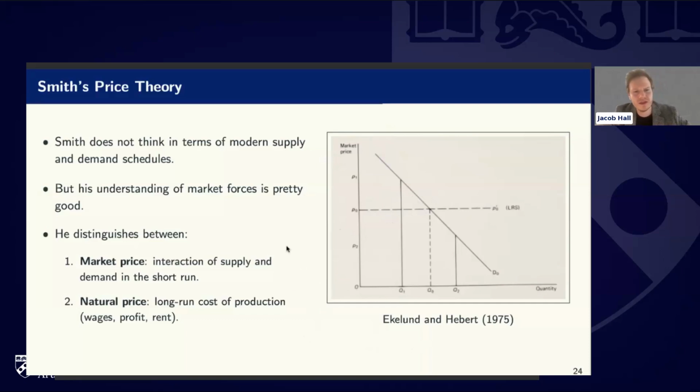So again, not really thinking in terms of these modern schedules, but you get the sense by reading Smith that he can work out these market forces. So if there's a famine or something, and there's less grain, then he really does have some sense that the price is going to increase and why that happens.